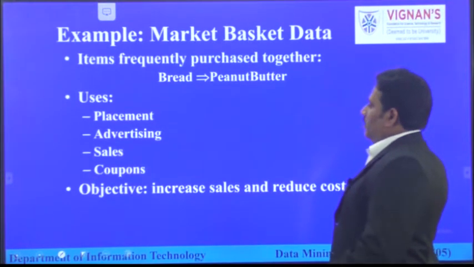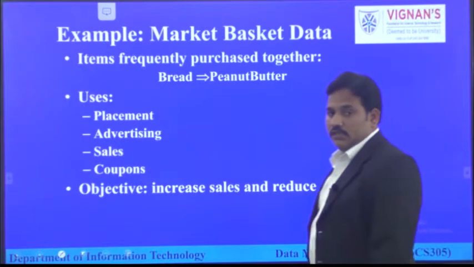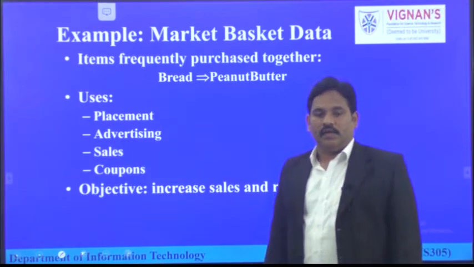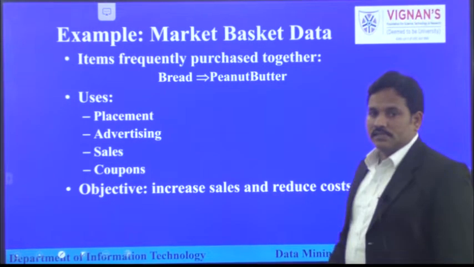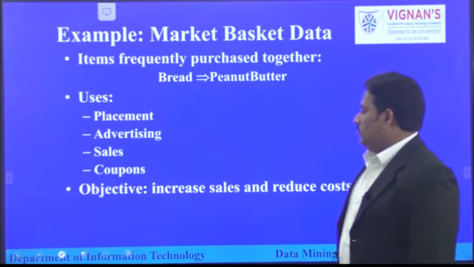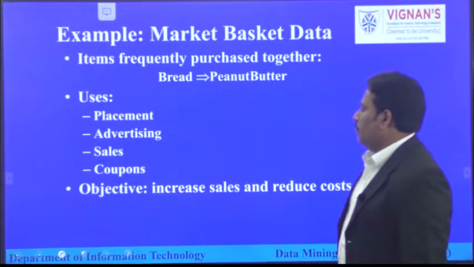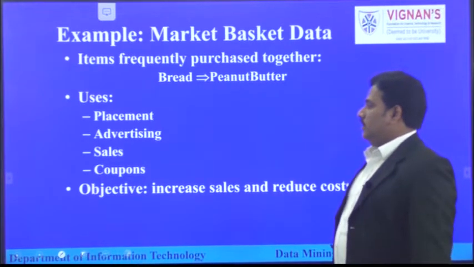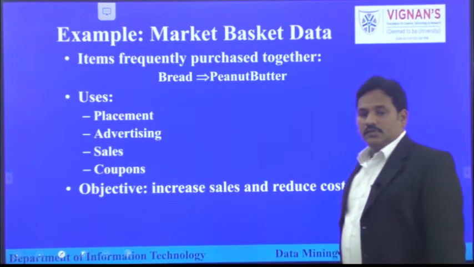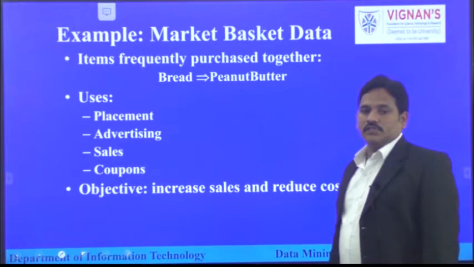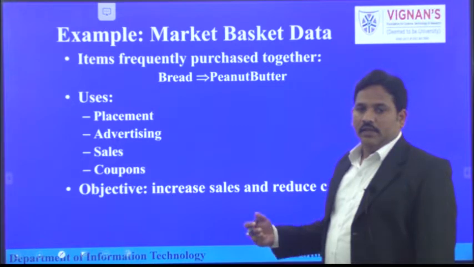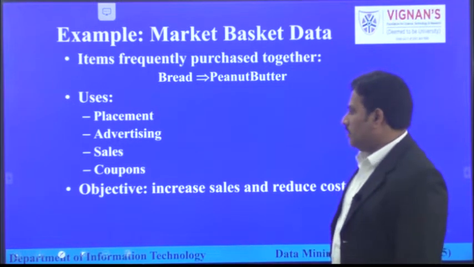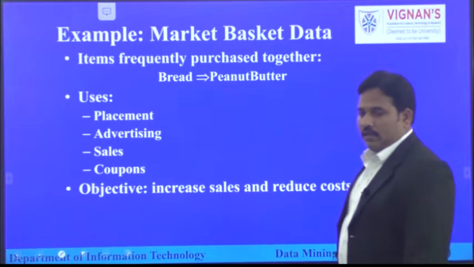Now to better understand what is done in association mining analysis, let's have a look at market basket analysis. Let us assume we have a supermarket. In that supermarket, the purchase history and shopping history of the customers is analyzed so that we can identify the hidden patterns, or the purchase behavior, of the customers.